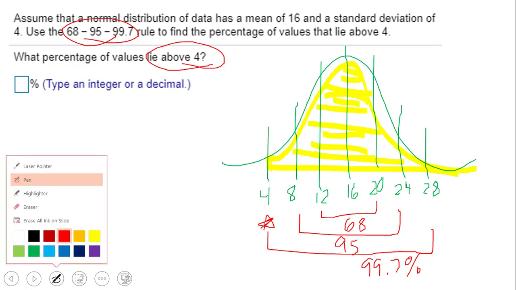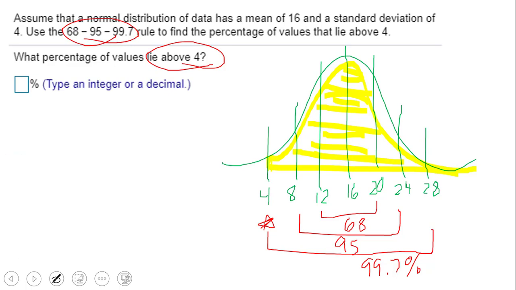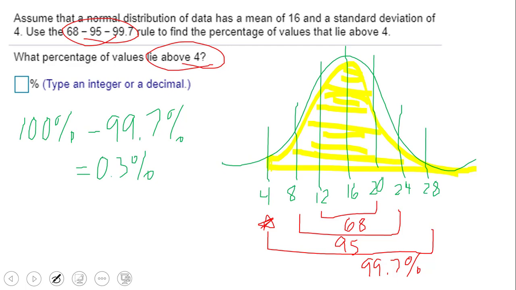If we consider, we know that 99.7 is between 4 and 28. To answer the rest of this question, we need to know what's outside of that. So if we take the full 100 and subtract off the 99.7%, we get 0.3%. But we need to keep in mind that that 0.3 is divided up between the 2 halves that are outside of the 99.7.